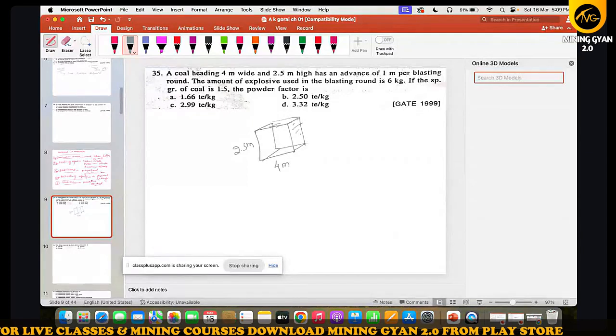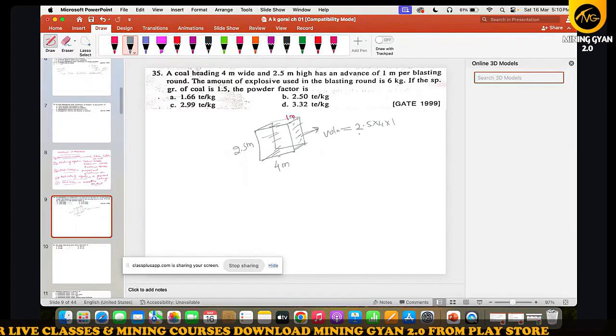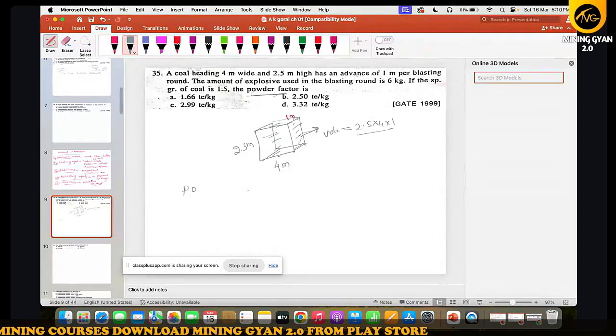This will form a cubic. So this is 1 meter. For the volume, multiply 2.5, 4 and 1. Okay. So we have to find out the powder factor, na?